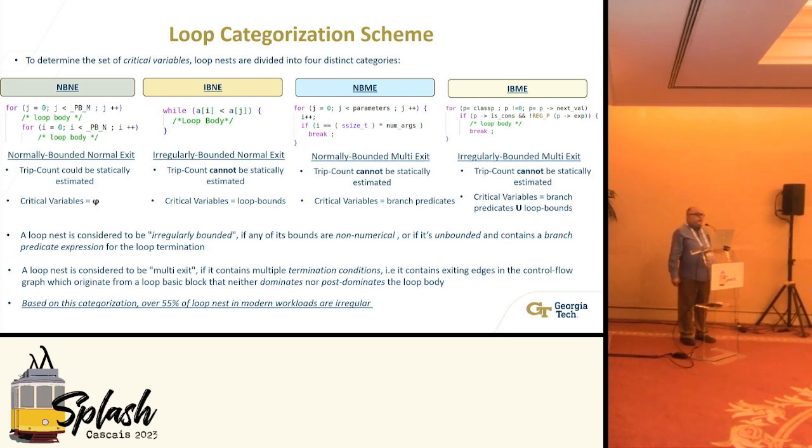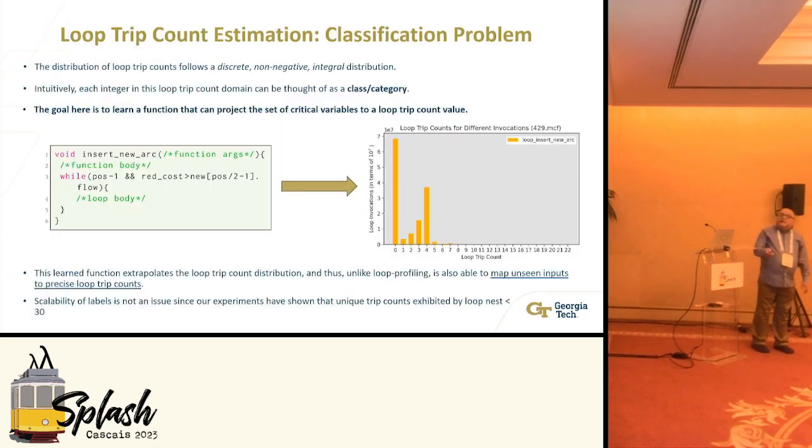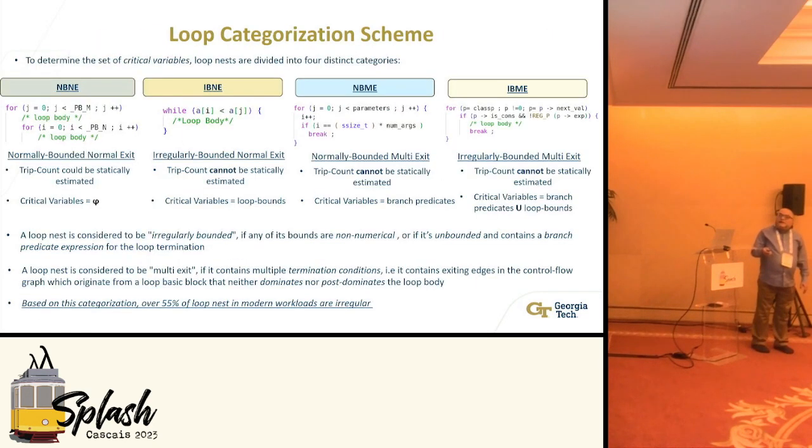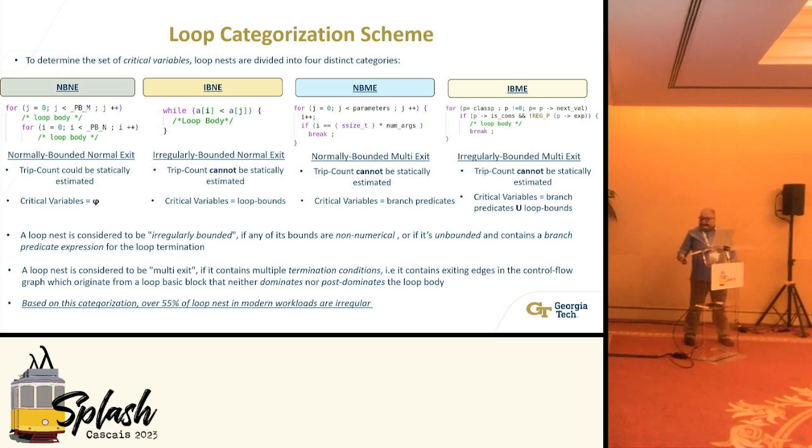So let's start with something very interesting. Here are different kinds of loops that we encounter in scientific codes. What I want to draw your attention to is the leftmost loop, which is on this side, where I had pointed my cursor earlier.